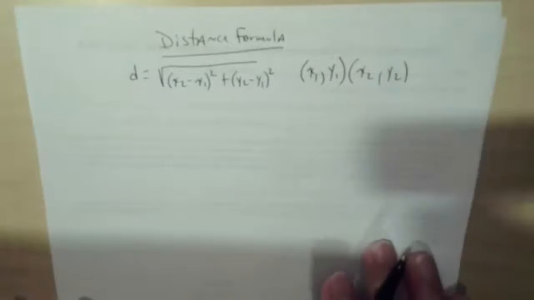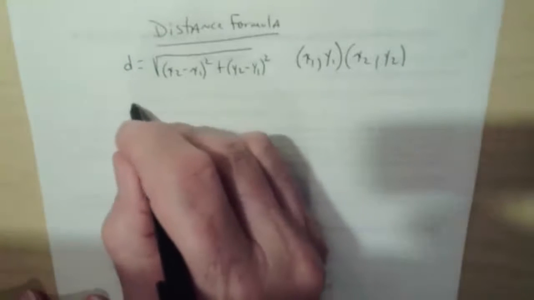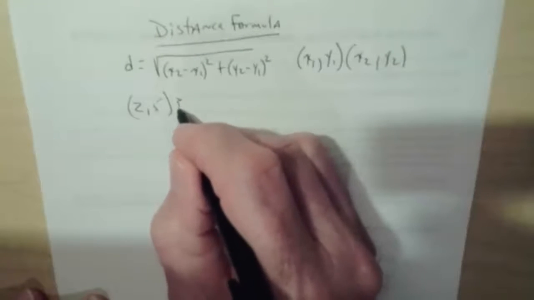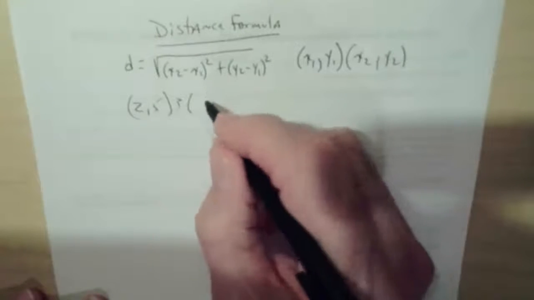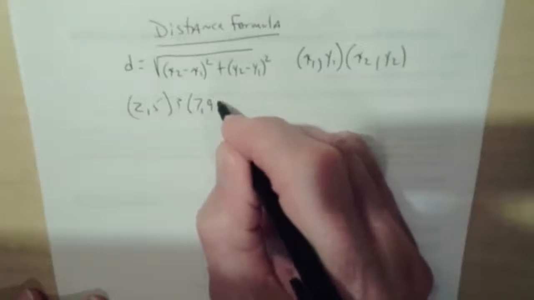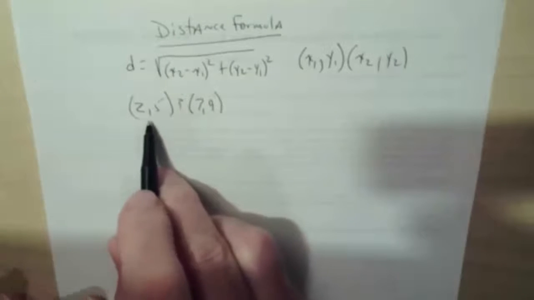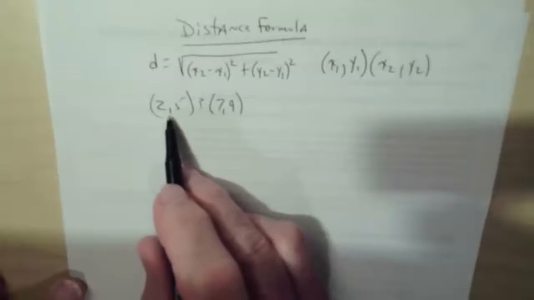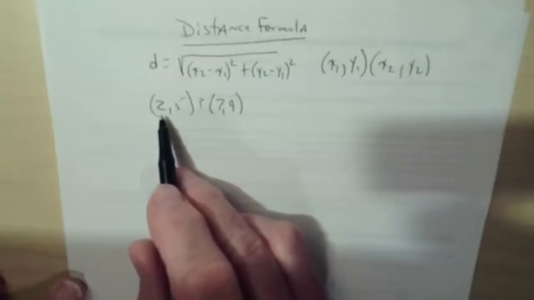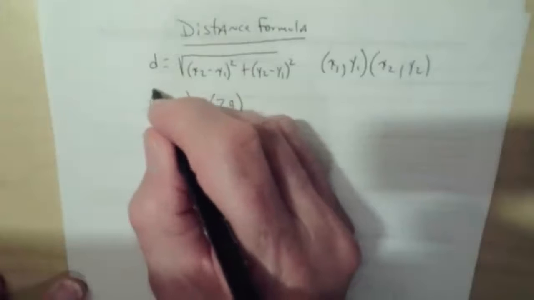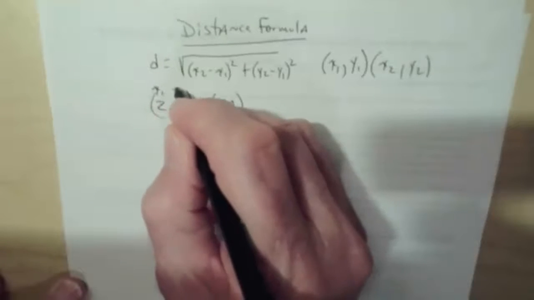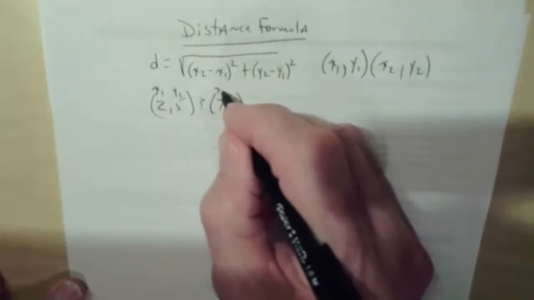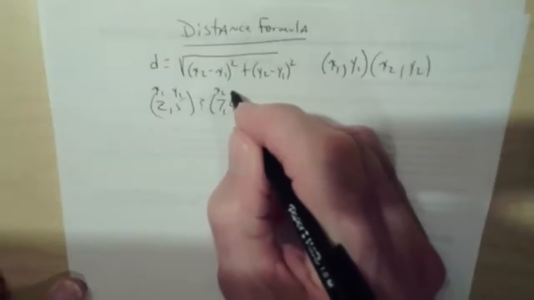Okay, so if you have these 2 points, (2, 5) and (7, 9), this is the first coordinate, so we're going to call it x1 and y1, but it doesn't make any difference. This can be the second coordinate, so we're just going to call it the first one, x1, y1. This is the second coordinate, so we're going to call it x2 and y2.